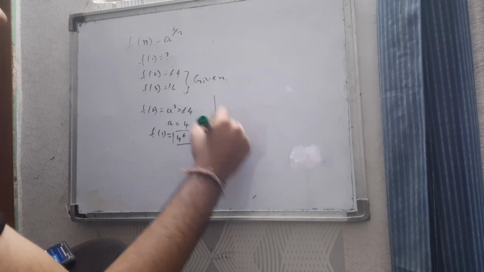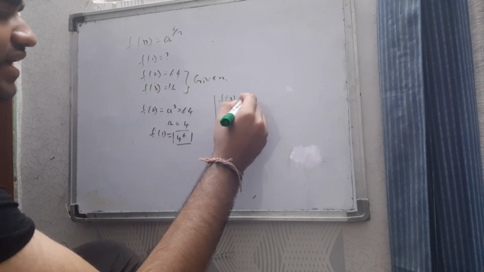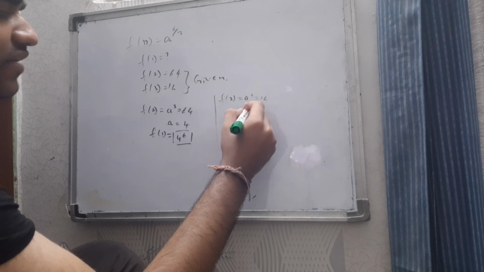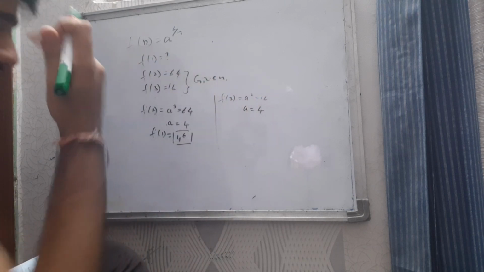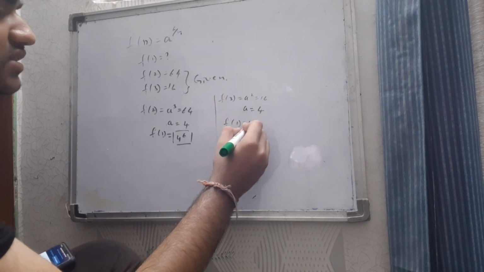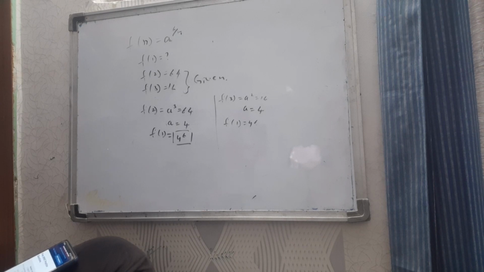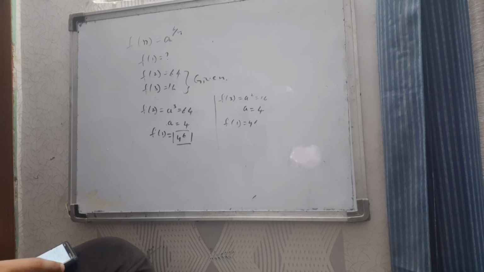And from f of 3 given as 16, f of 3 would be equal to a square as 16, so a would be 4 and f of 1 would still be 4 to the power 6. So both statements 1 and 2 alone are sufficient to answer this question. Let's move on to the next question.